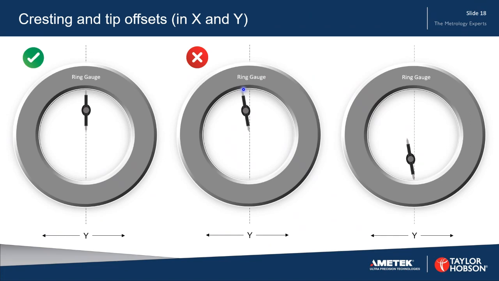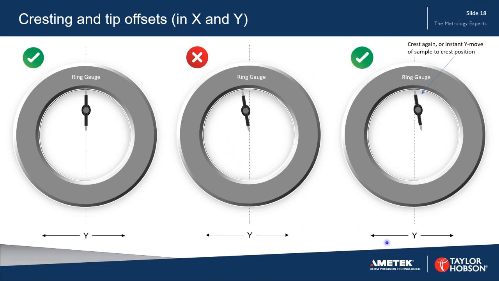So how do we solve this problem of the tip offset? There are two approaches. One is to, after we've crested at the bottom here, when we move to the top, we can of course crest again, but that could take some time. Now the PGI NOVUS gets round that because we know through the calibration routines the tip offset in the Y direction, and so what the system does is it won't crest again, but it will actually just move directly.